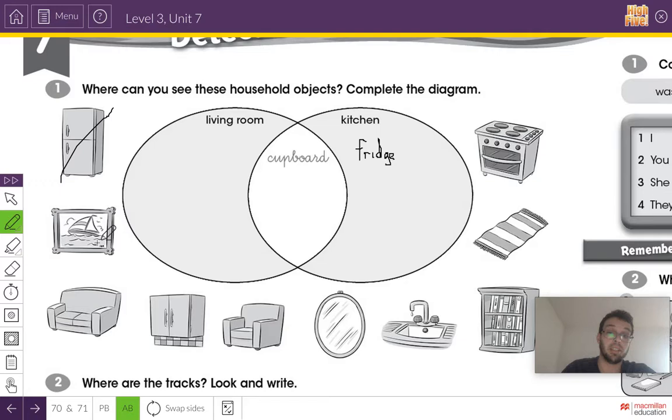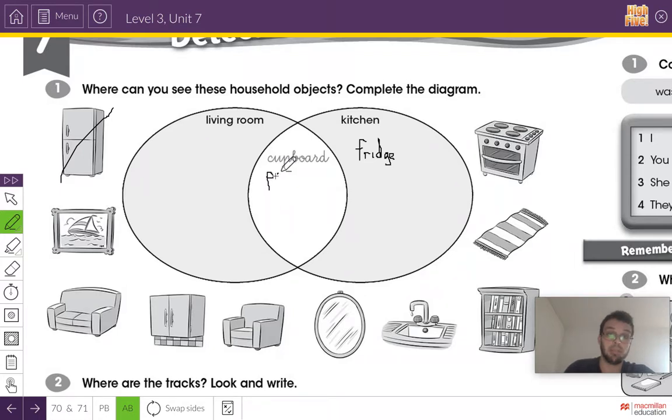Now, what about this thing? What is the name of this? Do you remember? If you don't, look in your notebook or in your pupils book. That's right, it's a painting. Now, is that in the living room, in the kitchen, or both? Well, you can have a painting in the living room and in the kitchen. So we're going to write it here.